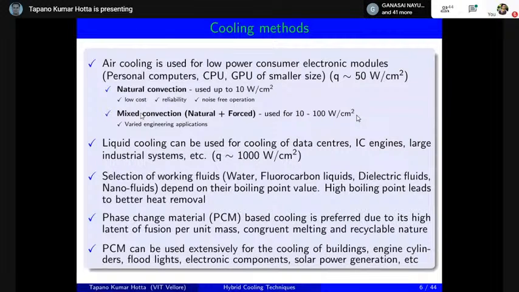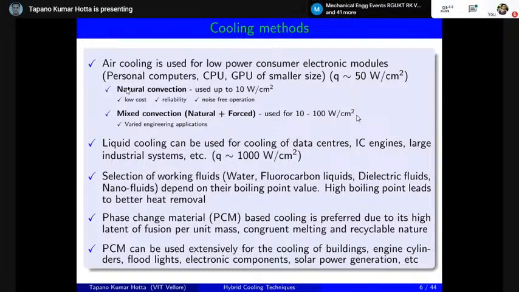But the only problem with air cooling is that it is only applicable to low power electronic modules, where the heat dissipation rate is only 50 watt per centimeter square, which is extremely low as far as the present electronic scenario is concerned. So maybe it can be used for personal computers with low memory power, CPU, GPU of smaller sizes, and low power rates, where we are targeting a heat generation rate of 50 watt per centimeter square.